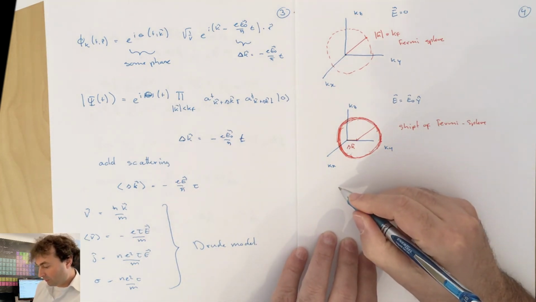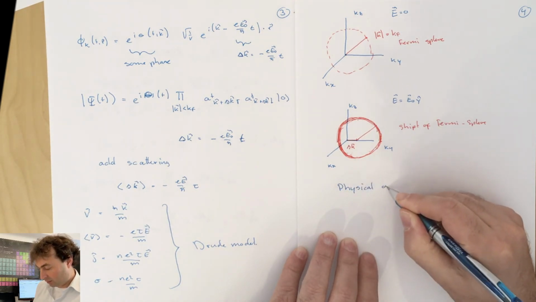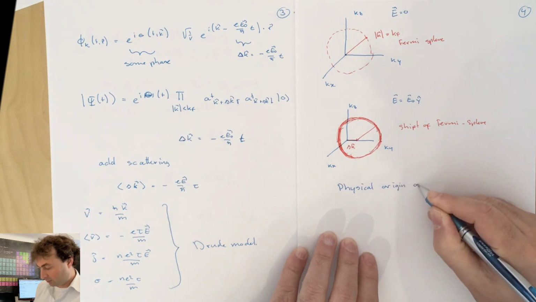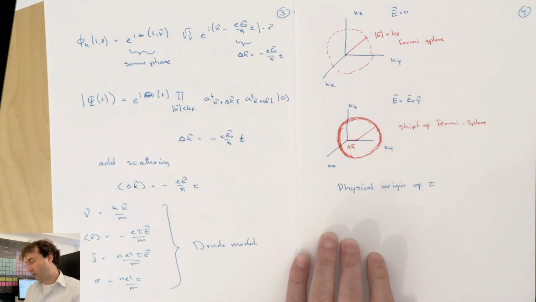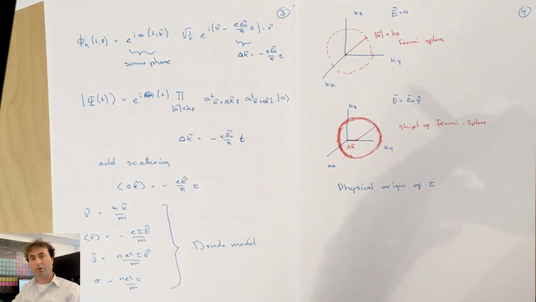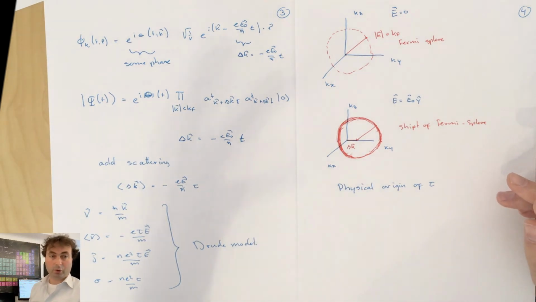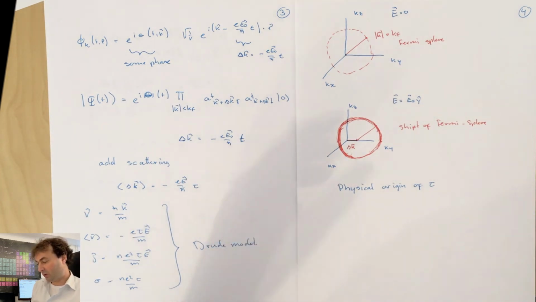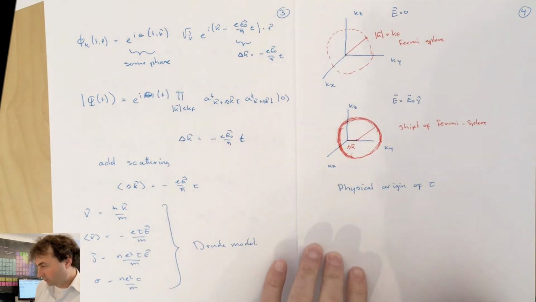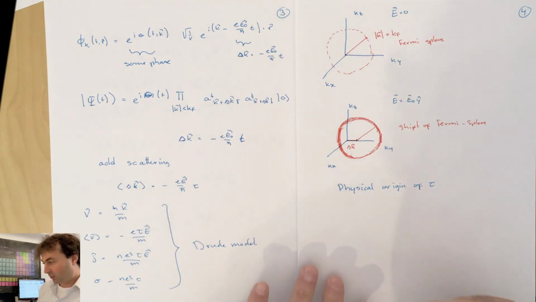Now let's have a look what is the physical origin of your scattering time. So electrons accelerate for a certain time and then they scatter. And Drude assumed that this is because you have your nuclei and you scatter from those nuclei. And an electron should have a very strong interaction with the nuclei, that's the Coulomb force. So we can put in some numbers and see what comes out.